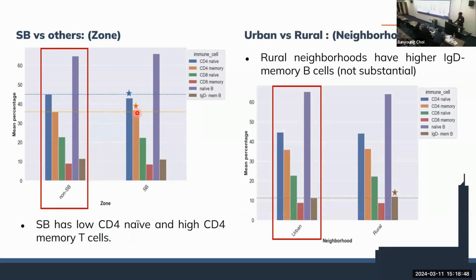This chart indicates urban-rural differences. Urban region is considered to be the baseline, and rural regions are what we are looking at for the difference. As we can see, the mean percentage of each of the immune cells is approximately the same, so no significant findings there.